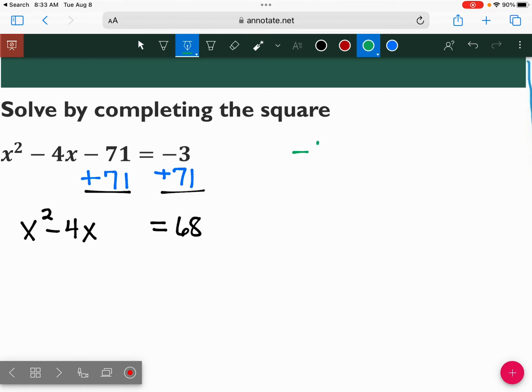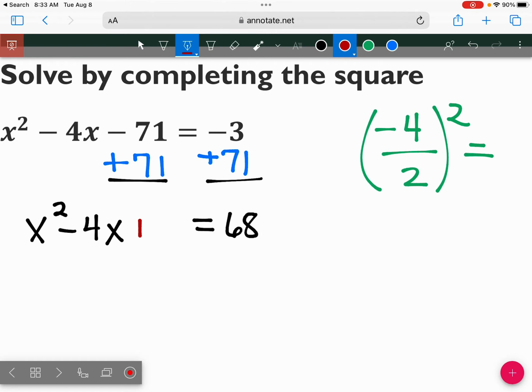So that would be negative 4 divided by 2 squared. So negative 4 divided by 2 is negative 2. And negative 2 times negative 2 is 4. So I'm going to add that 4 to both sides.